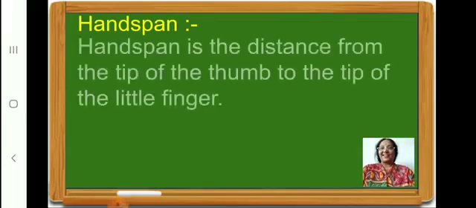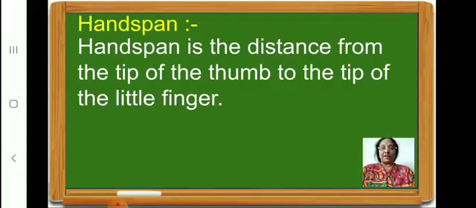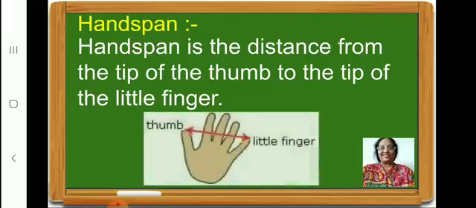Children, let us see what is a handspan. Handspan is the distance from the tip of the thumb to the tip of the little finger. See children, in the picture you can see an arrow showing the distance between the tip of the thumb and tip of the little finger.